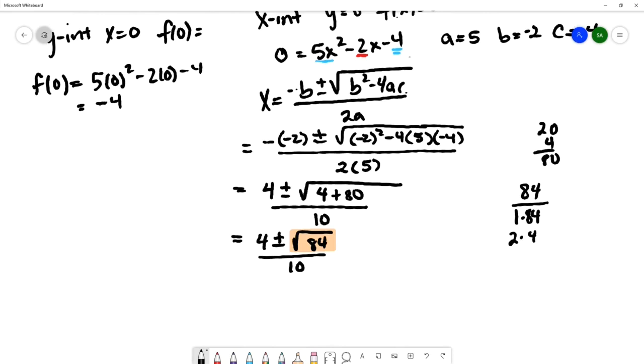And 3 does go in there. Let's see, 3 goes into 84 28 times. Okay, I'm not seeing any perfect squares so far, but 4 is one. See, 4 goes into 84 21 times. And 4 is a perfect square. So this is what I'm going to use to factor that 84.